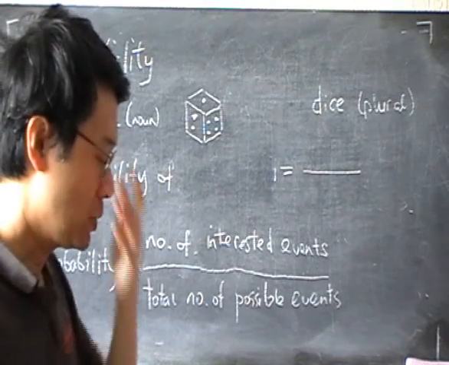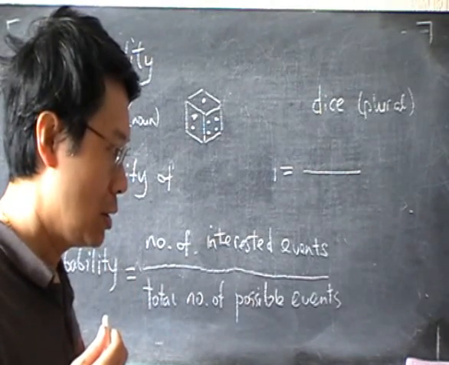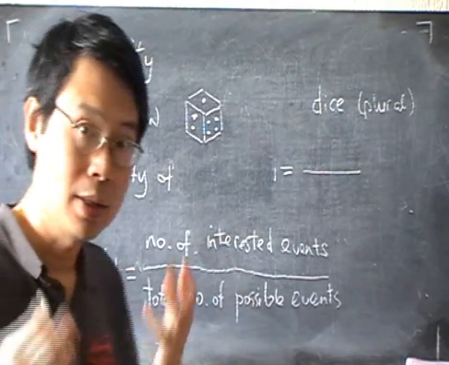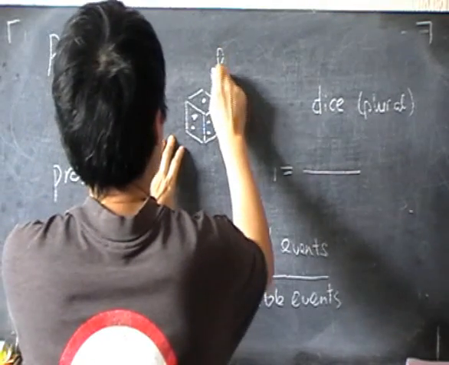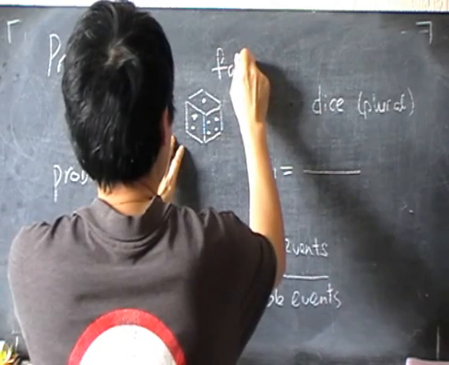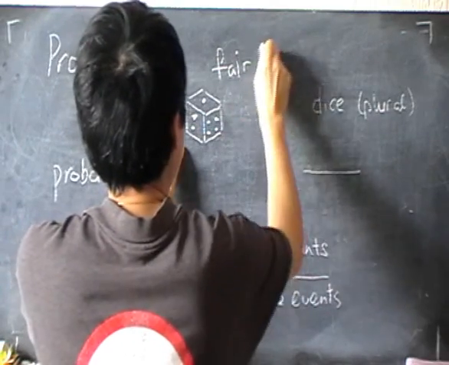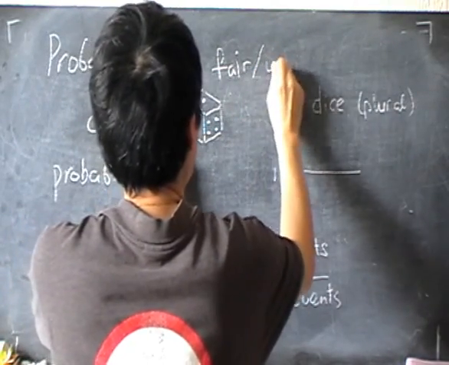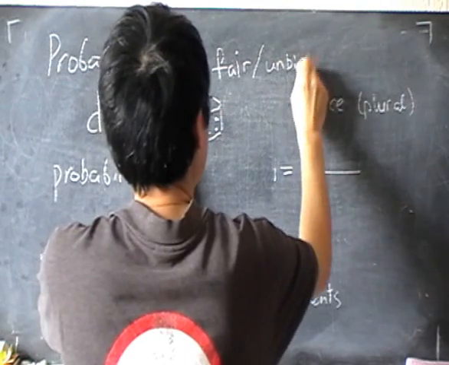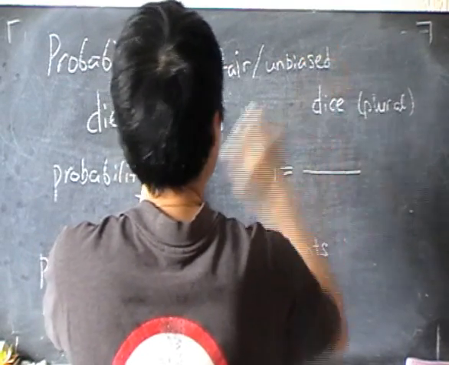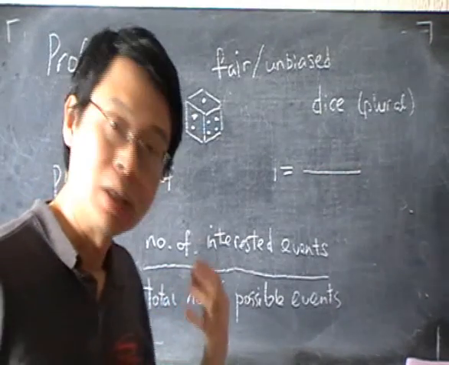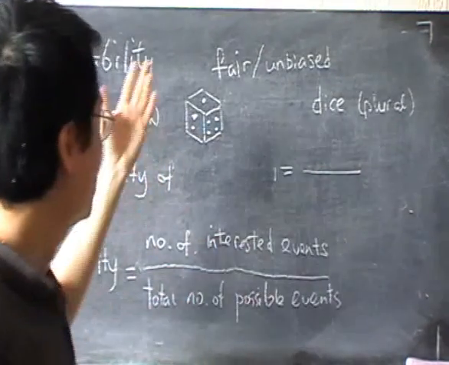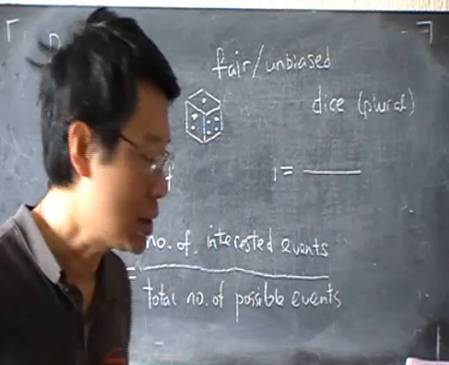And assuming that it is a fair die, now there's this idea of fairness coming in, either a fair die or an unbiased die, meaning that it is equally likely for the die to land on any side.